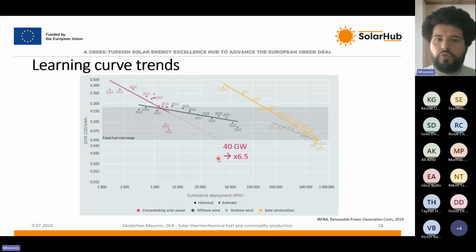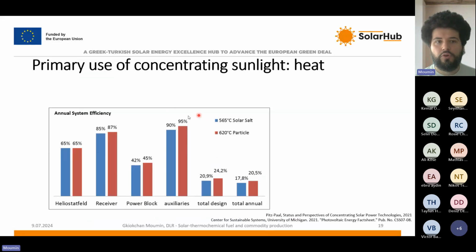But the story is different for heat. And why is that? So we should be clear that the primary use of concentrating sunlight is to produce heat.